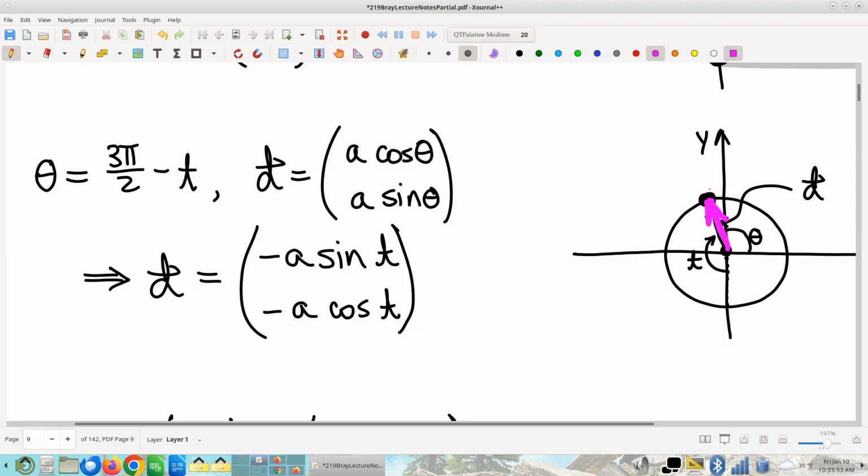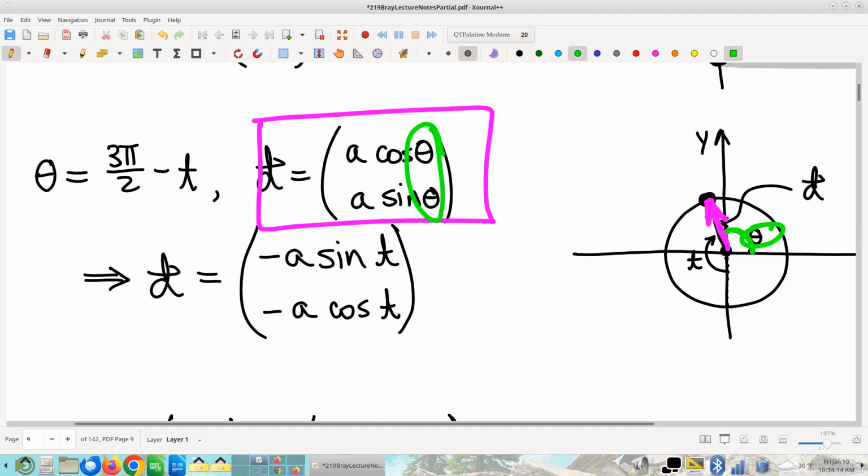And what I'm going to be adding it to, I'll worry about when we get around to actually adding it to something. Okay. So, in terms of this angle theta, right there, D is easy to write down. Now this is a flashback to trig. Make sure you're good with your trig.